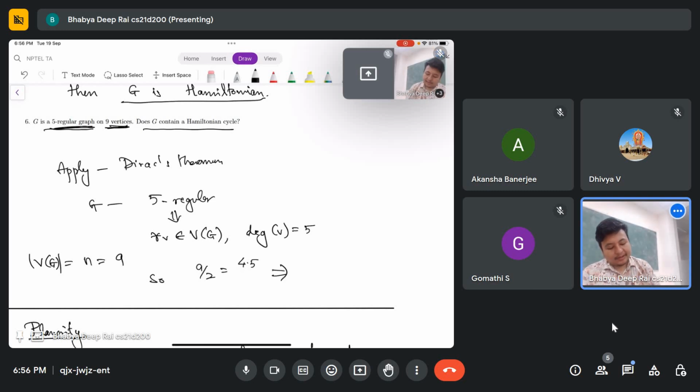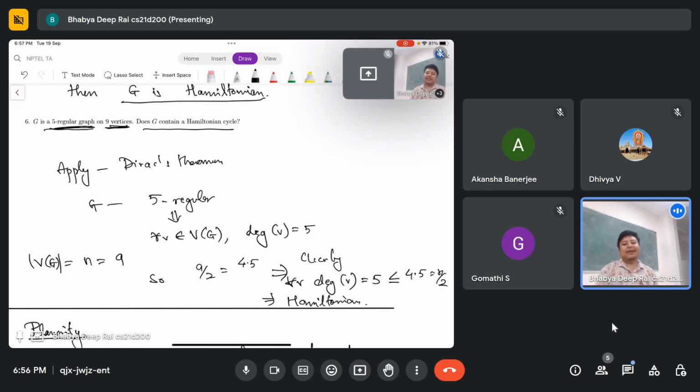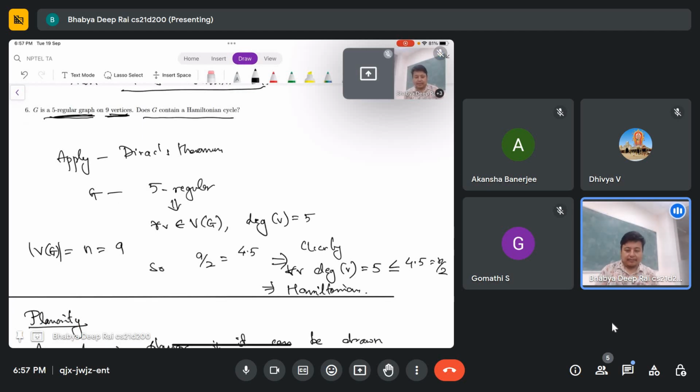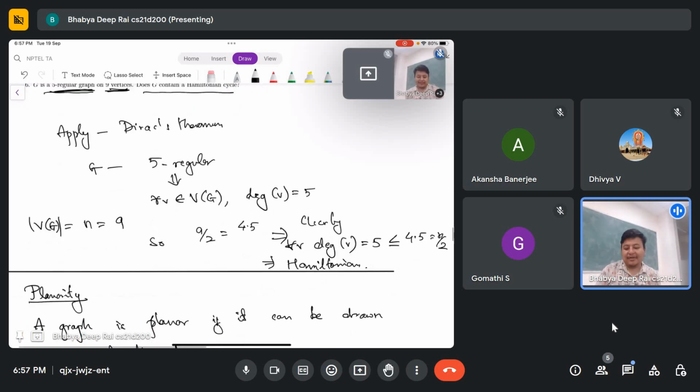So clearly the degree of each vertex, which is equal to 5, is at least n by 2, which is 4.5. This is for all the vertices in G, which means by Dirac's theorem the graph is Hamiltonian. Okay, good. Yeah, so that is the straightforward application.